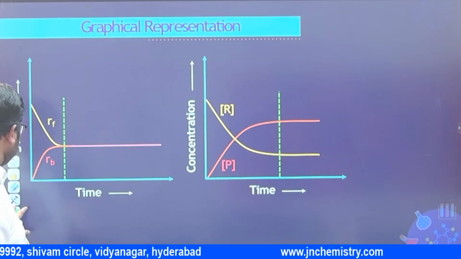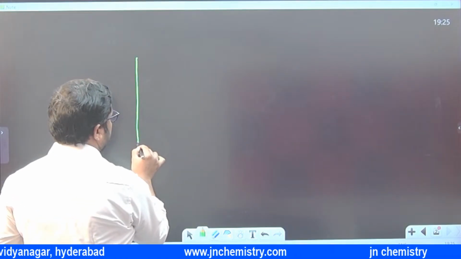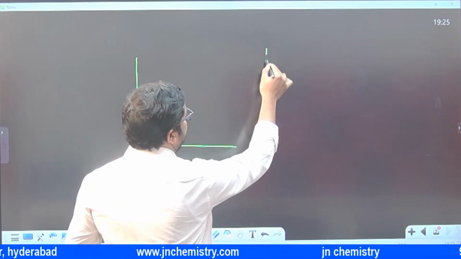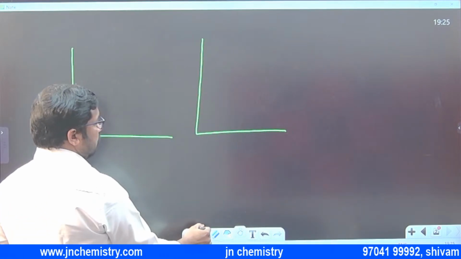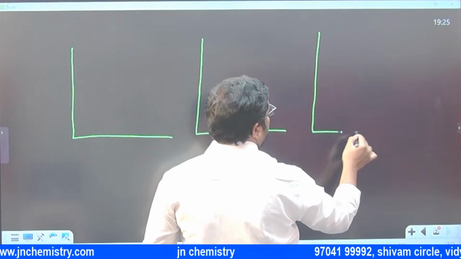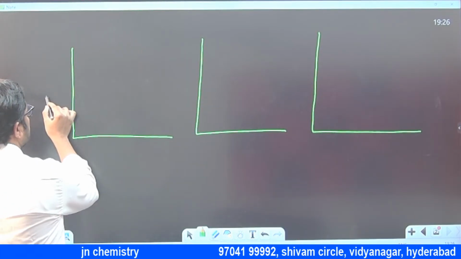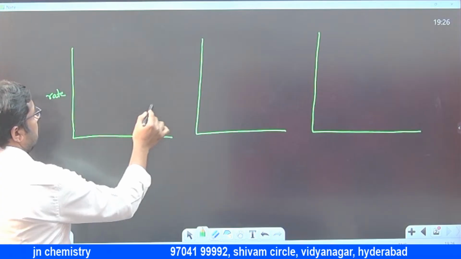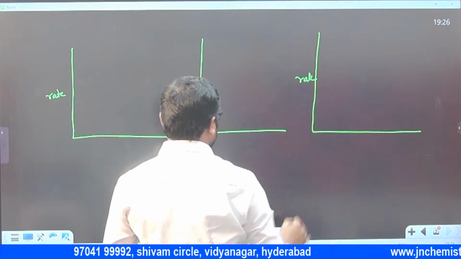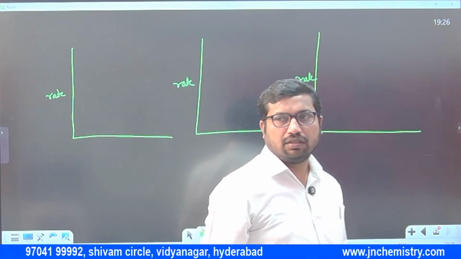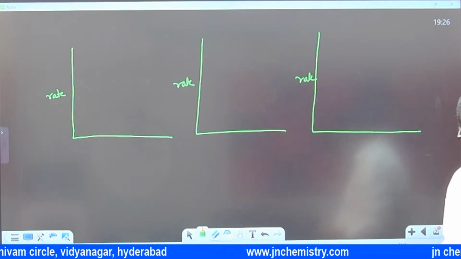So we'll do one thing. Write the question: which of the following represents equilibrium? Which of the following represents equilibrium? So here, write it down, rate versus time, we can go with time, Nana.